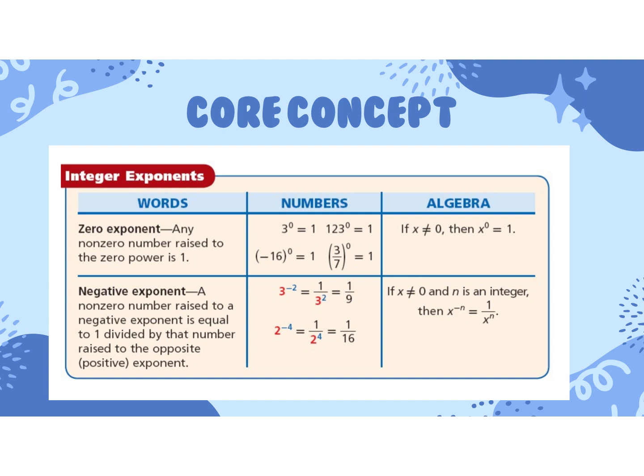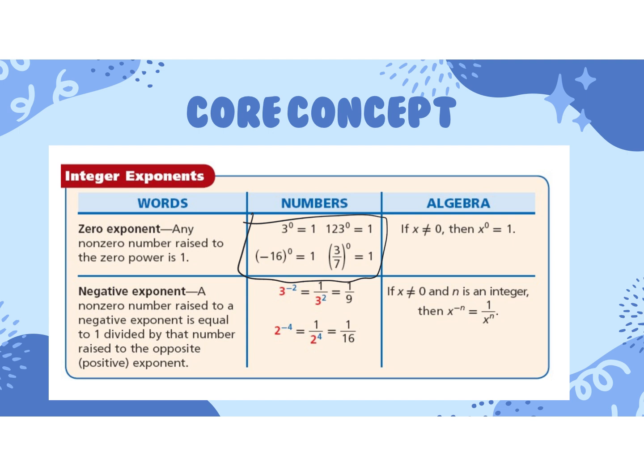So any non-zero number raised to the 0 power is going to get you 1. As you could see from the previous slide, when we kept dividing by 5, we got 1. So any number that you have, and we see a whole bunch of examples here, any number raised to the 0 power is going to get you 1. It doesn't matter what it is as long as it's not 0.